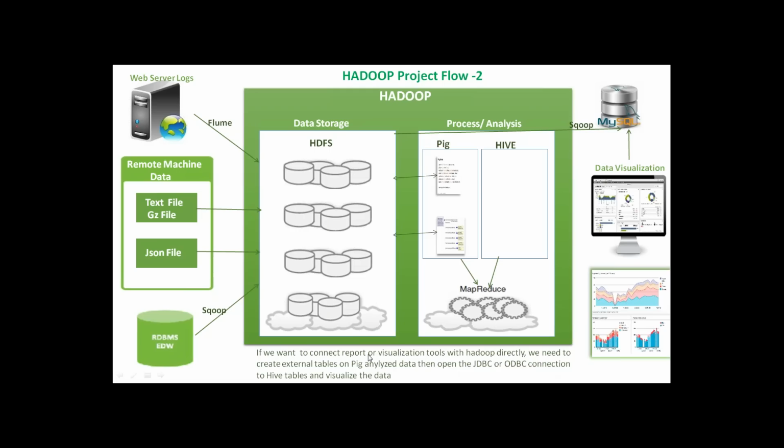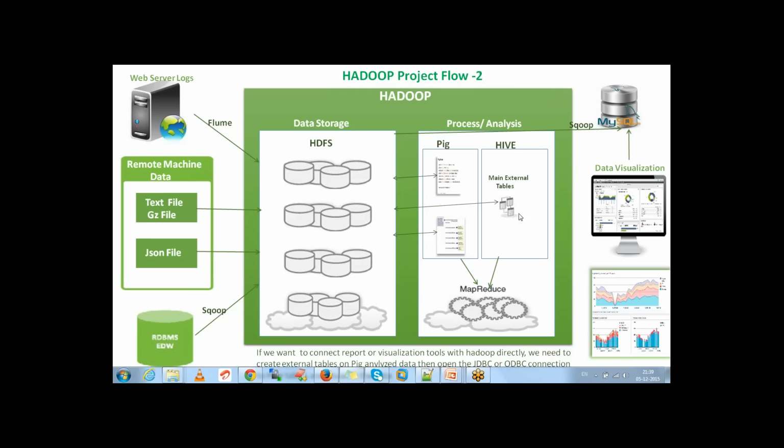If you want to connect reports or visualization tools with Hadoop directly, we need to create external tables on the Pig analyzed data. The first step is creating the table. In this step we don't need any results table or staging table. The output analyzed by Pig, we directly create external tables on it.